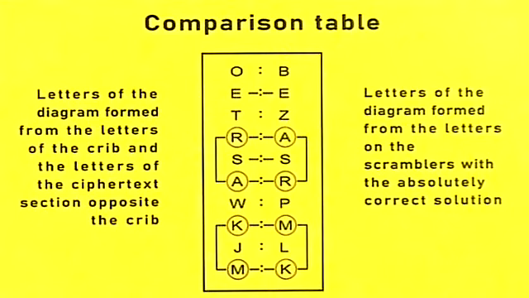The second exception is if the same letters are opposite each other at a different height in the comparison table, but in reverse order. If that's the case, the rule also does not apply.